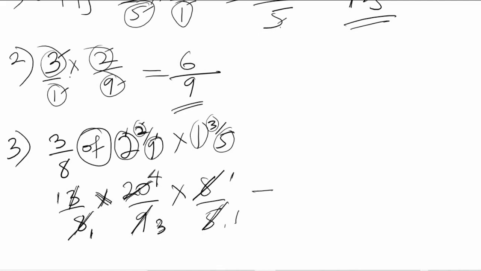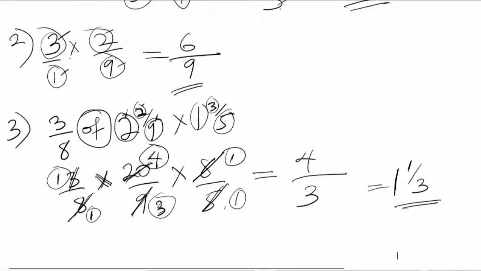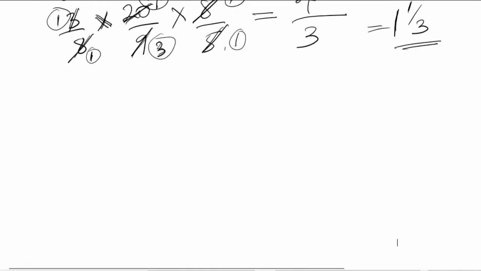So the resulting answer will be 1 times 4 times 1, which is 4, over 1 times 3 times 1, which is 3. And this is 1 whole number 1 over 3, in mixed number.